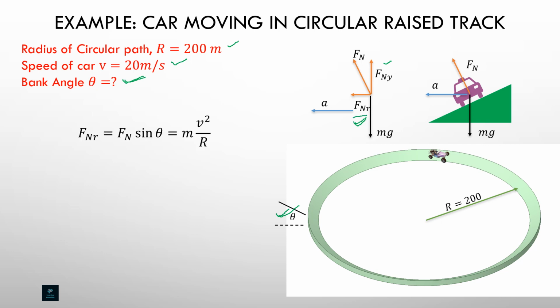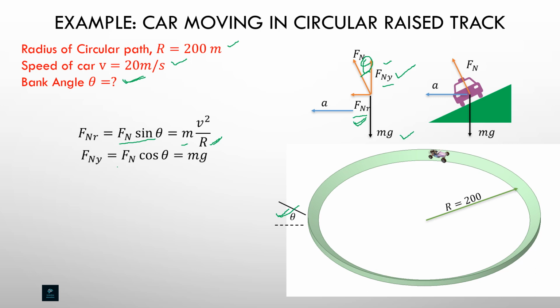Now Fnr is Fn sine theta, where theta is the bank angle, and this equals mass times v square by r. Similarly, in the vertical direction we have two forces, the gravitational force and the component of the normal force. Fny is Fn cos theta, and this equals mg, as there is no acceleration in the y direction.